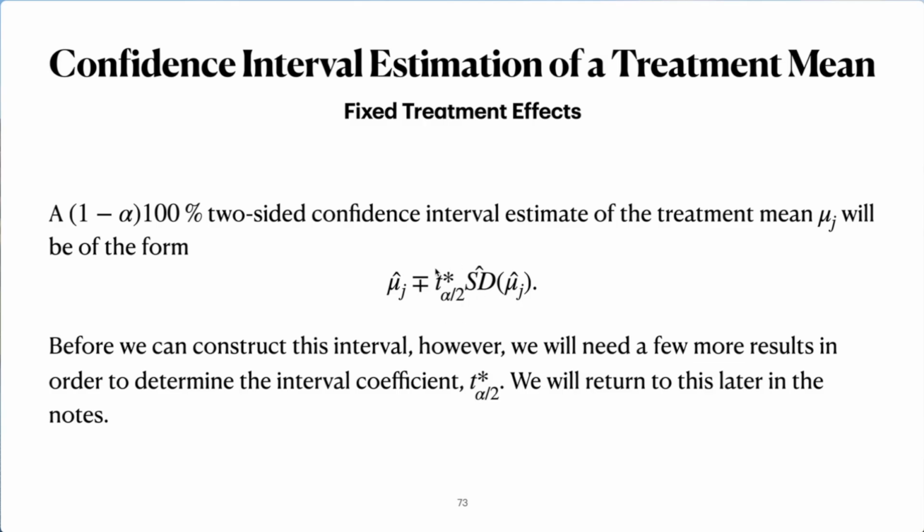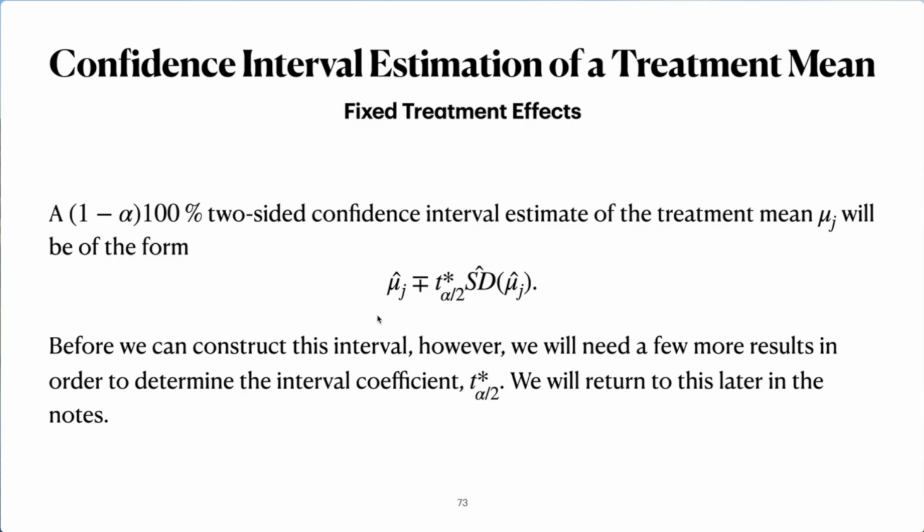Now, I've denoted the interval coefficient. It looks like a t-value, but I've changed the notation just a little bit, putting an asterisk up here, and the reason is, as we'll see, we don't quite know what that interval coefficient is equal to. I'm not going to say much more about that quite yet.